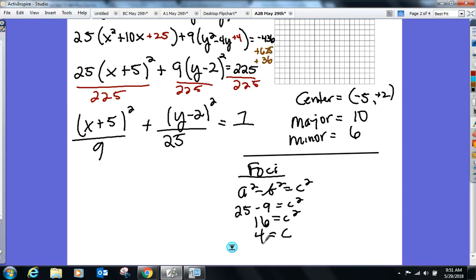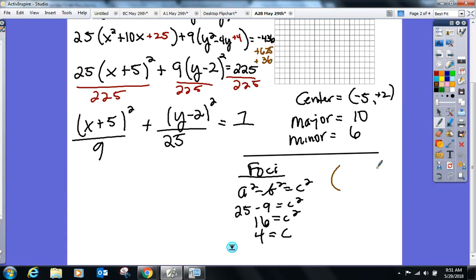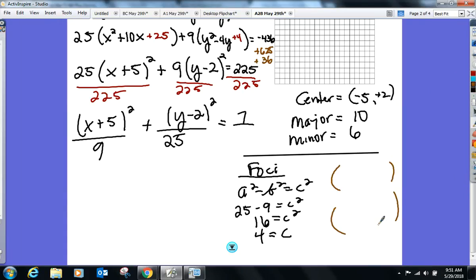C equals 4. Make sure, decide, am I going up and down or left and right from the center? It's got to go on the major axes. So am I going to go up and down from the center or left and right? Where's your major axes again? Horizontal or vertical? Vertical, right? So from the center, you should be going up 4, down 4 again.